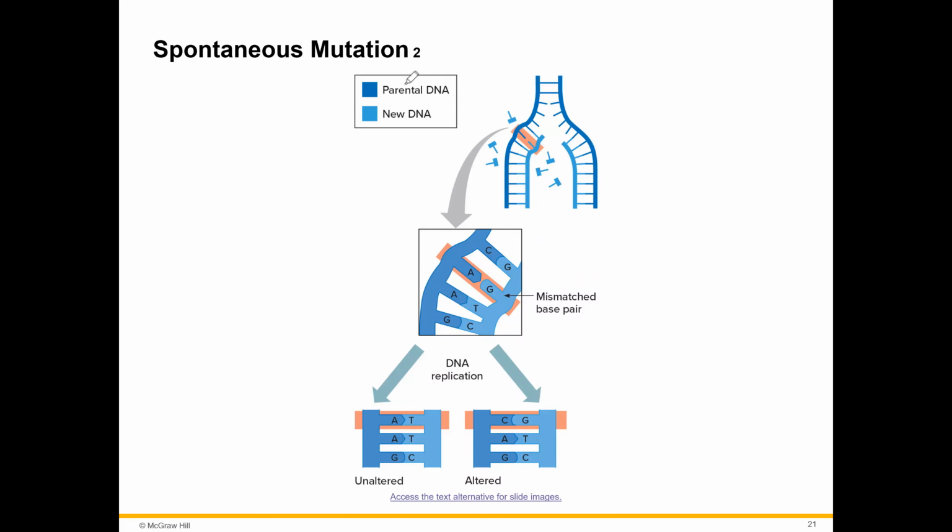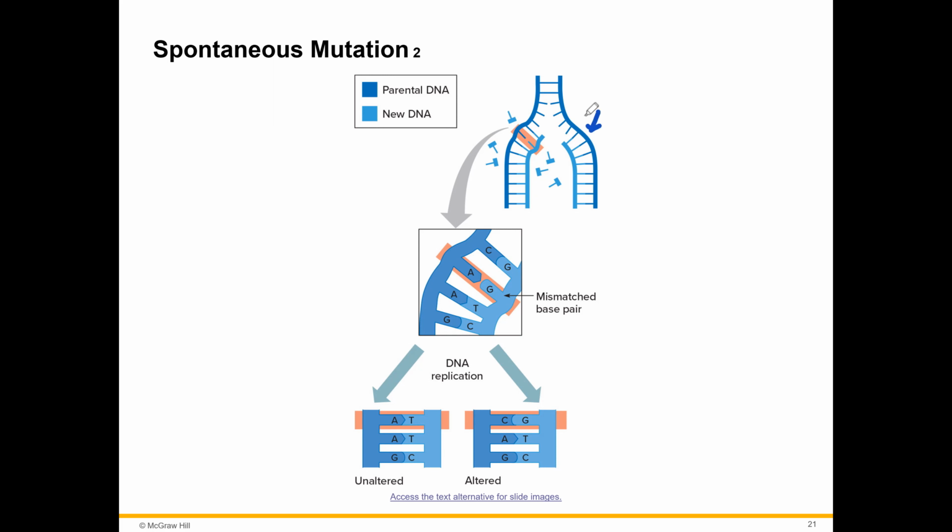So here we have a parental DNA shown in dark blue and a new DNA in light blue. So for a cell to divide into two daughter cells, first they need to replicate their DNA. So you can pass chromosomes equally between two daughter cells, because all human daughter cells, if it's not eggs and sperm, must have 46 chromosomes.